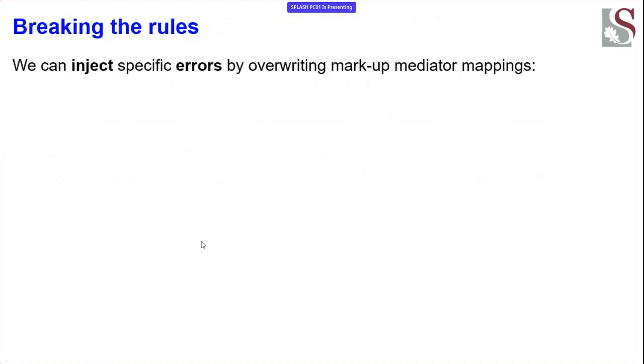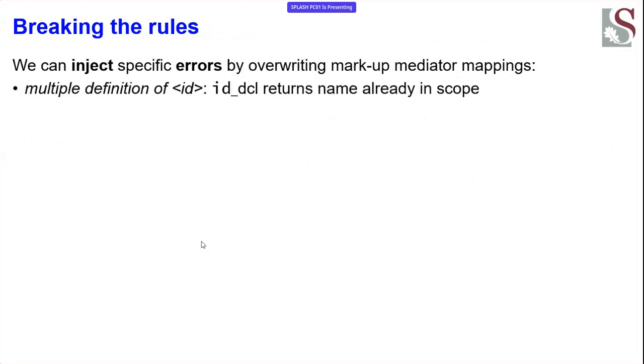We can use this to break the rules. We can inject specific errors into the programs by overwriting these mediator mappings. We can, for instance, force a repeated declaration by overwriting the declare thing to produce a name that's already in scope.